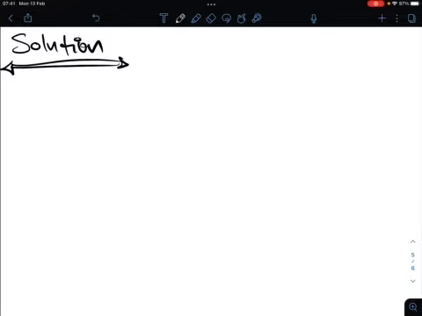How we prove this result is I'm going to take one of these sides and then prove that it's equivalent to the other side. So I'll take the right hand side.